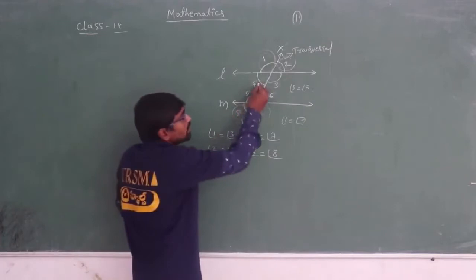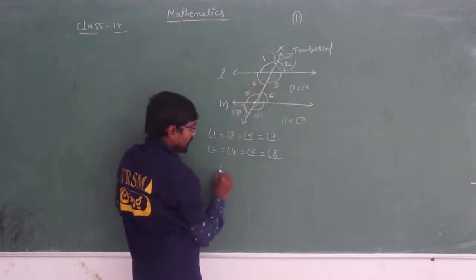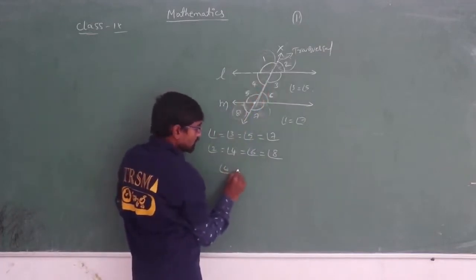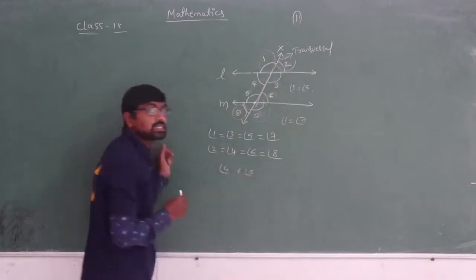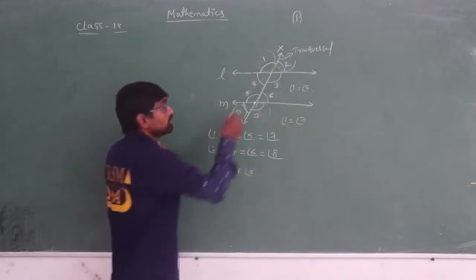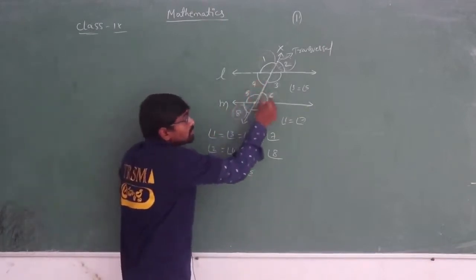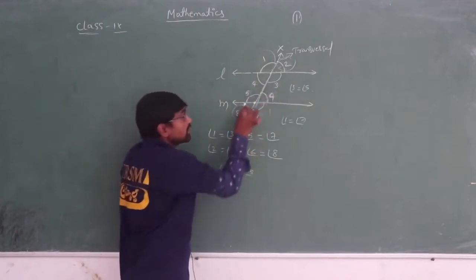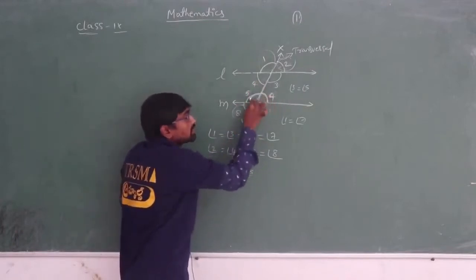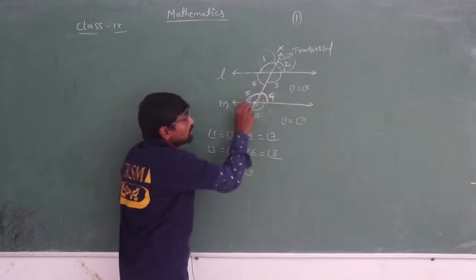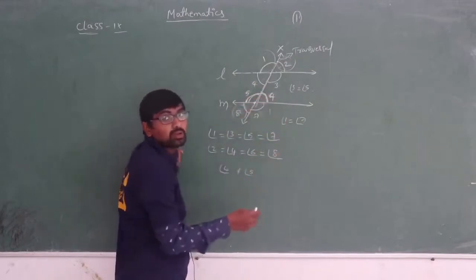And similarly, you can see here angle 4 and angle 5. What is the relation between angle 4 and angle 5? If this is 4, this is also 4, then again it becomes a straight line, isn't it? What is a straight line angle? 180 degrees.